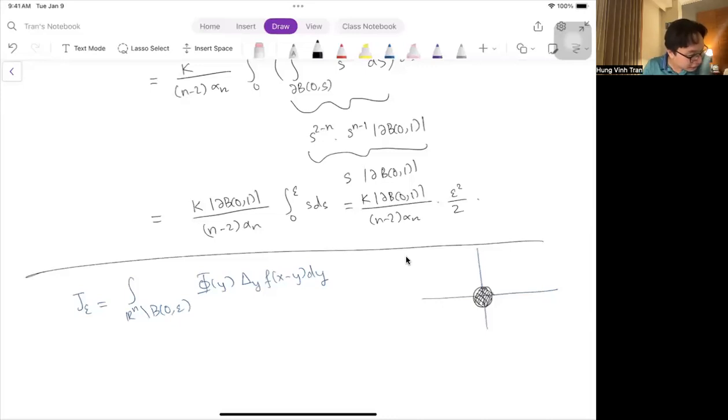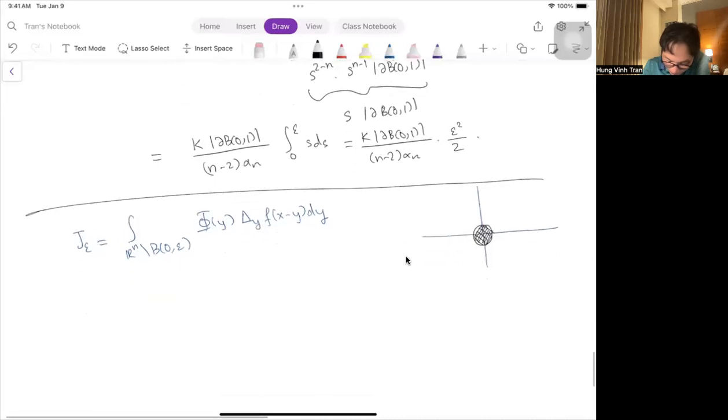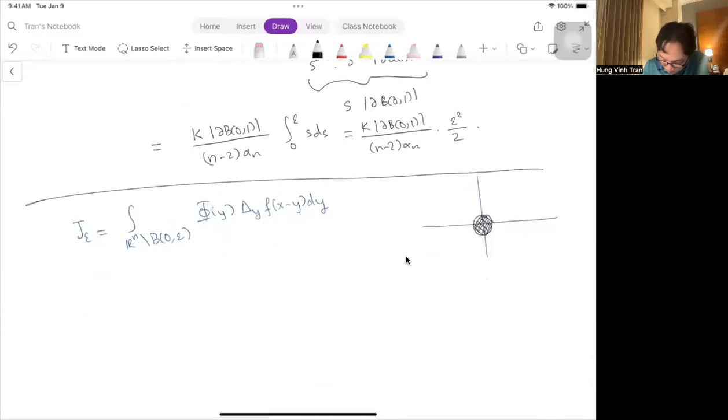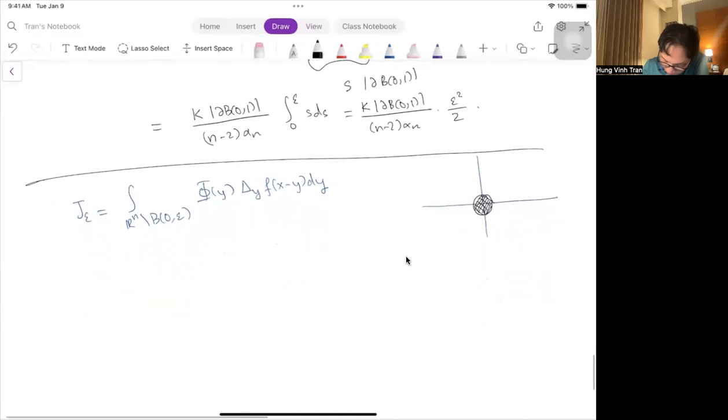How do we do integration by parts here? Zooming in a little bit, this is the ball of radius epsilon. Integration by parts is going to give us the boundary term, right? There's a unit normal vector coming in here, n.